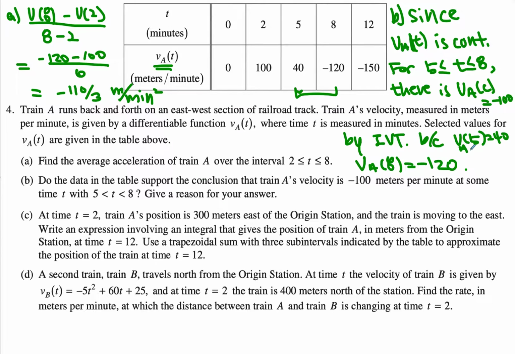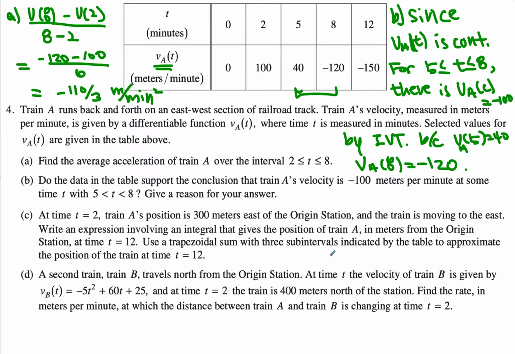Alrighty, let's look at part C. At time t equals 2, train A's position is 300 meters east of the origin station, and the train is moving east, so going further away. Write the expression involving the integral that gives the position of train A at t equals 12, and then use a trapezoidal sum with 3 subintervals.